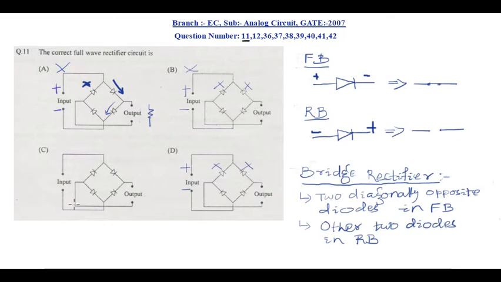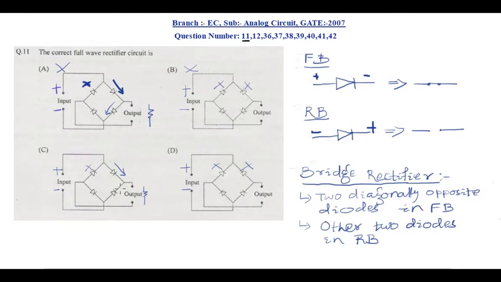So by option elimination you can find option C, or else you can analyze it with the positive half cycle. One diode will be in the off state and this diode will be in conduction. Now here it will face two different paths, one is this one, another is this one.